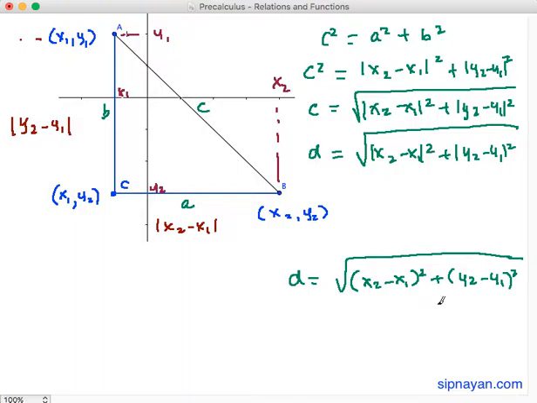Why parentheses? Why did the absolute value disappear? Remember, the absolute value is there because we're talking about distance, to make sure that the result of the subtraction is positive. If it's negative, the absolute value makes it positive, since distance is always positive.